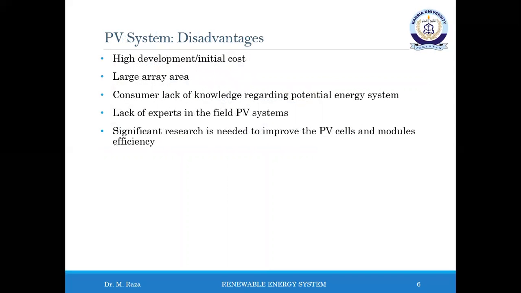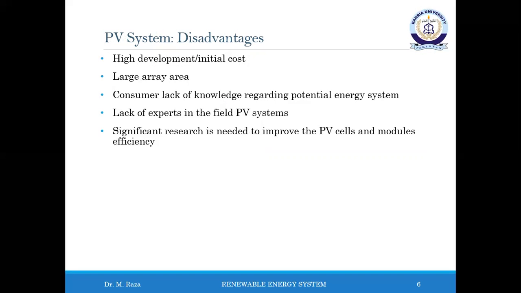There are, however, some disadvantages to PV systems that have somewhat limited their use. Currently, the most significant issue is the high initial cost of a PV system compared to prices for competing power generating technology. PV systems also require a large array area to produce a significant amount of power.